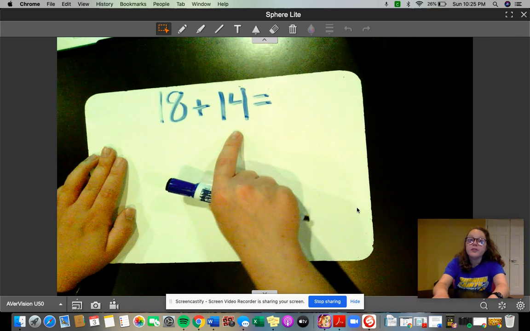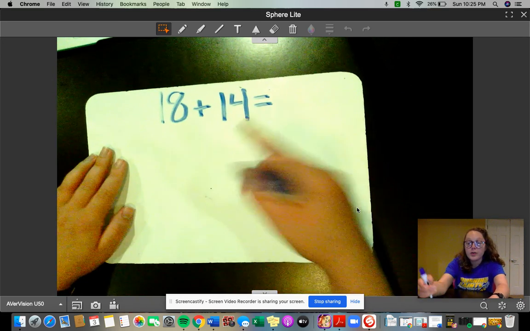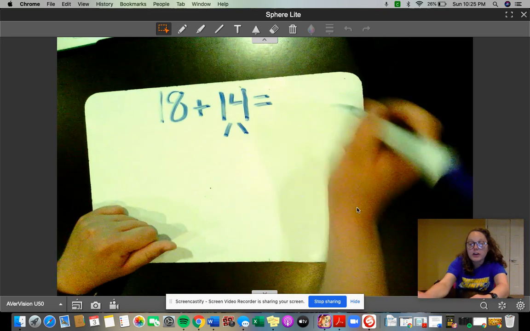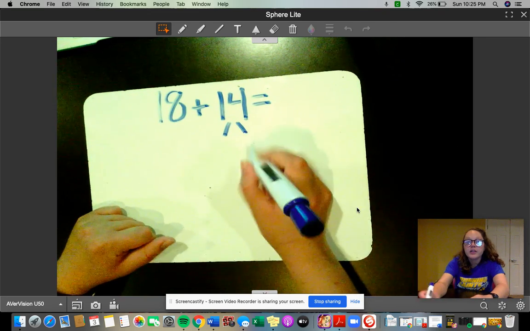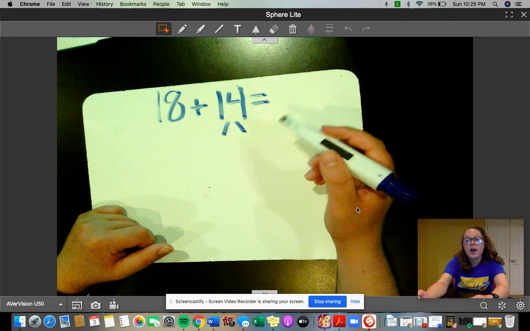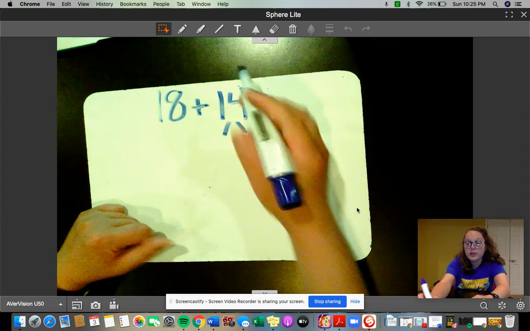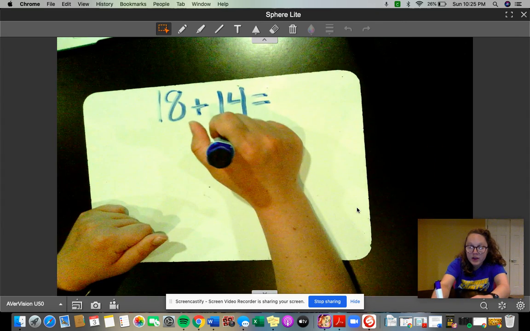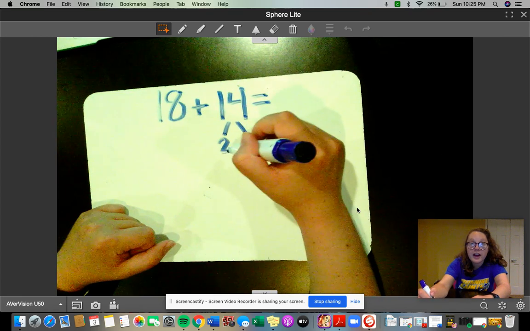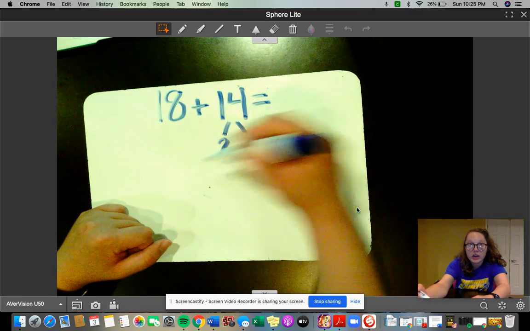And 14 is also the smaller number, which we've been saying the whole time is going to be easier to use. So instead of using the 10, like we've learned a little bit, we are going to use a 2 this time, so that way we can make our 10. We're going to make our 10 and add 2 to 18 to get 20.